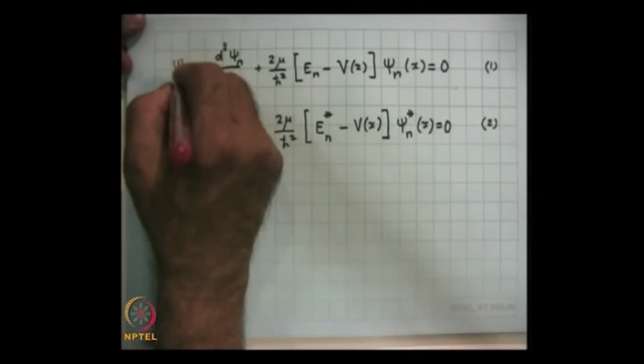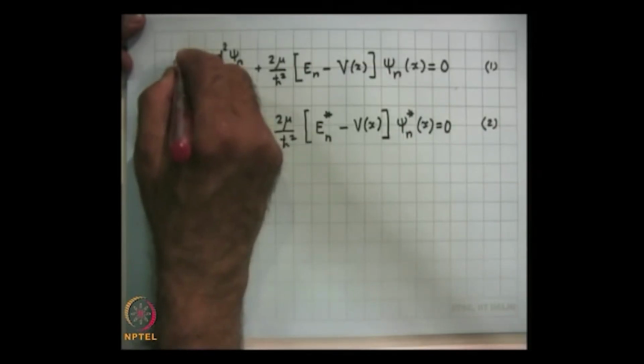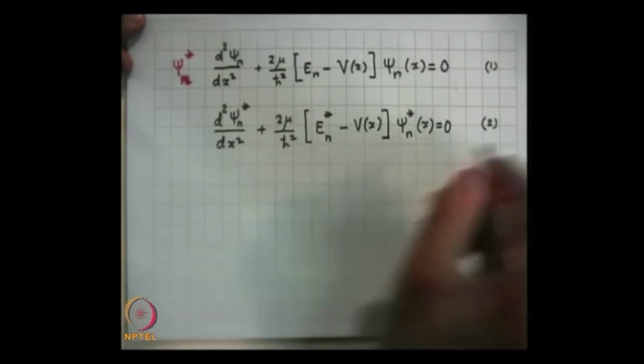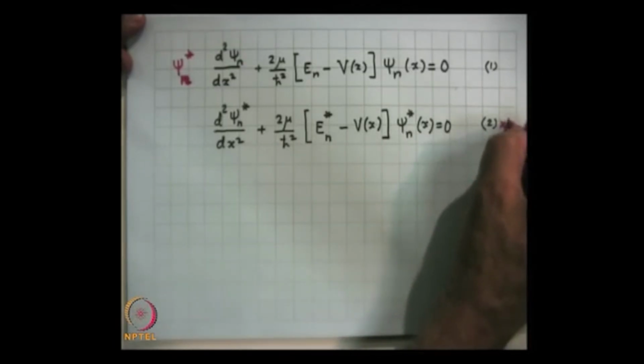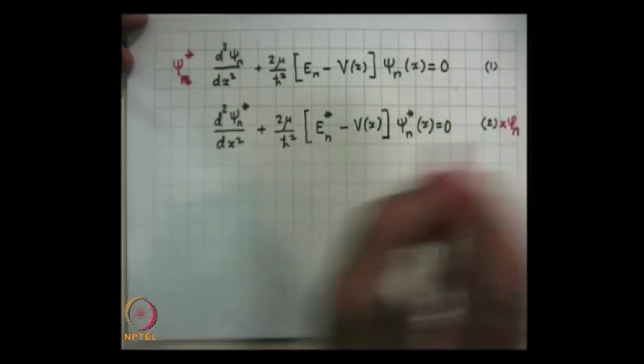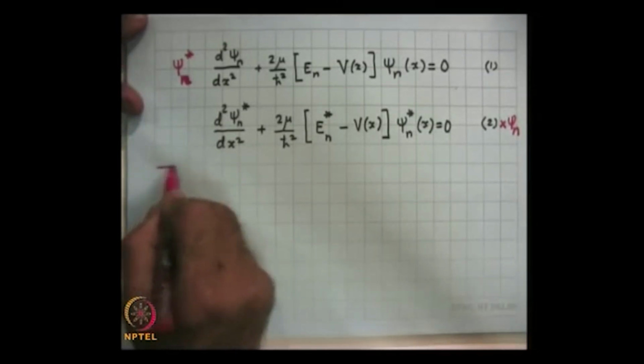What I do is I multiply the first equation, and usually the convention is you multiply on the left by psi n star, and the second equation on the right by psi n, and then subtract.